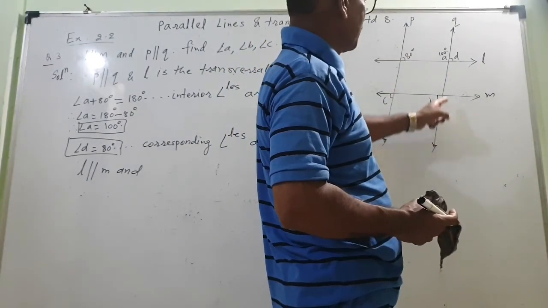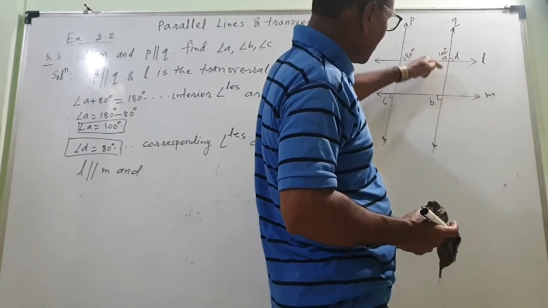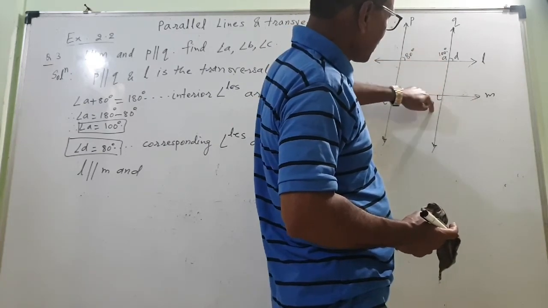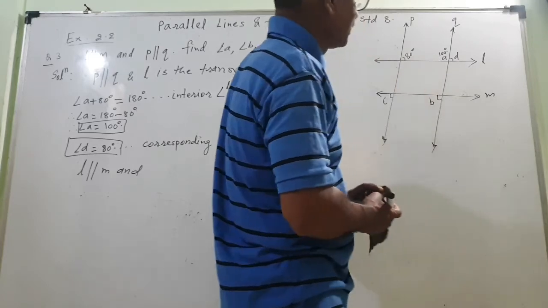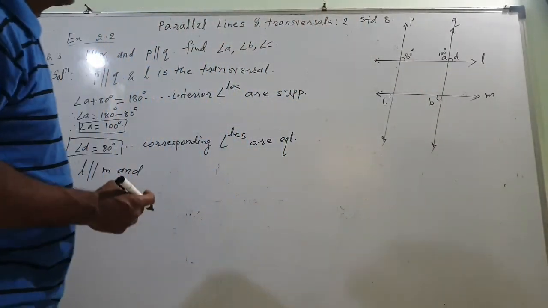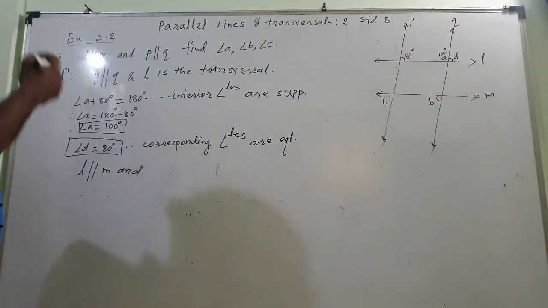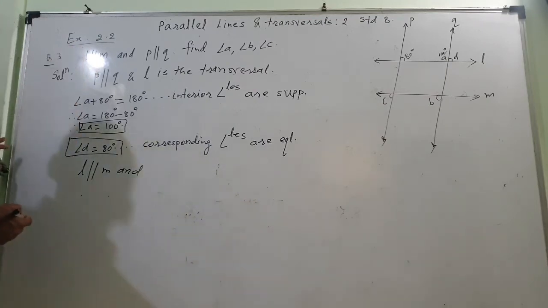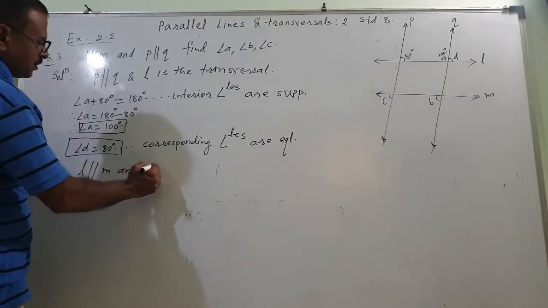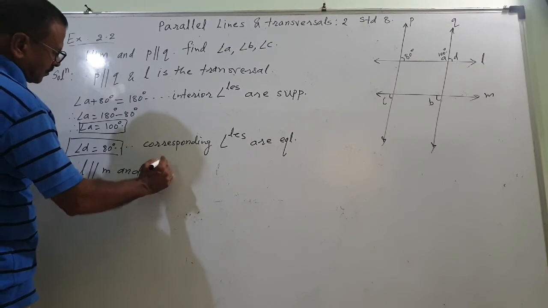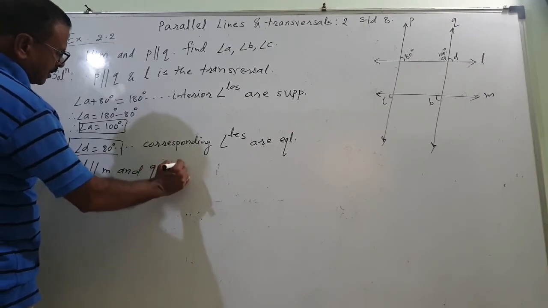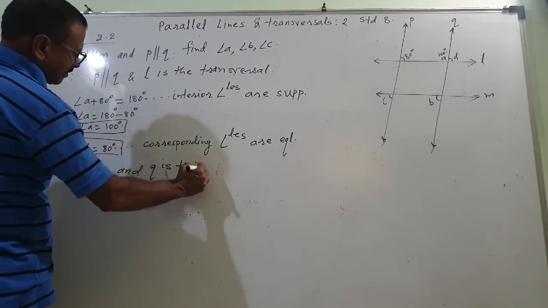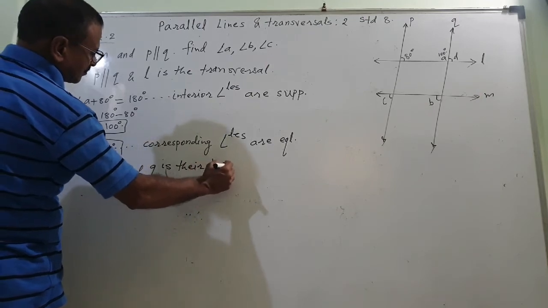Why? Because this angle and this angle, we have to see what happens to them, isn't it? We will see whether this is corresponding or what. Okay. And Q is the transversal.